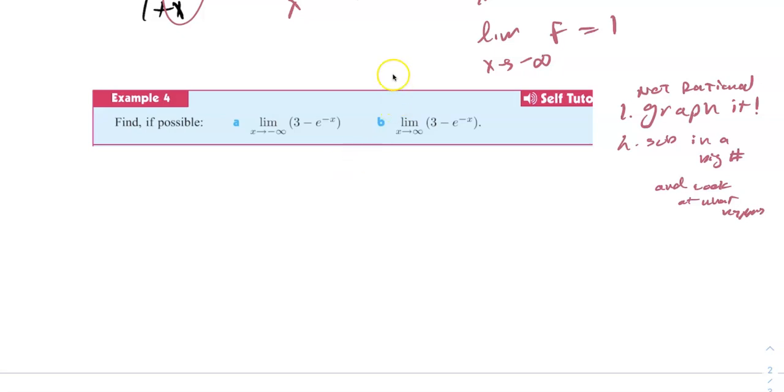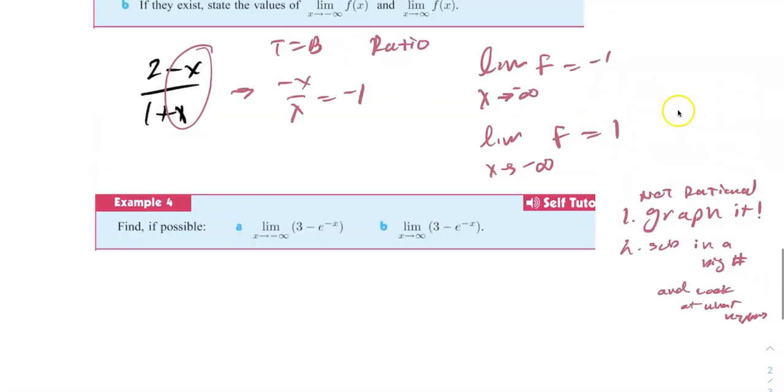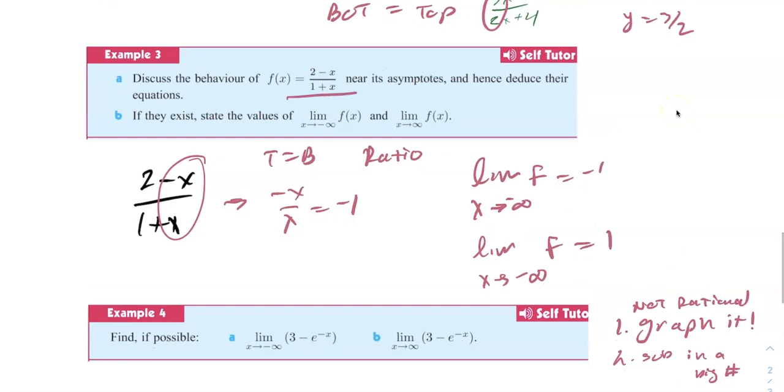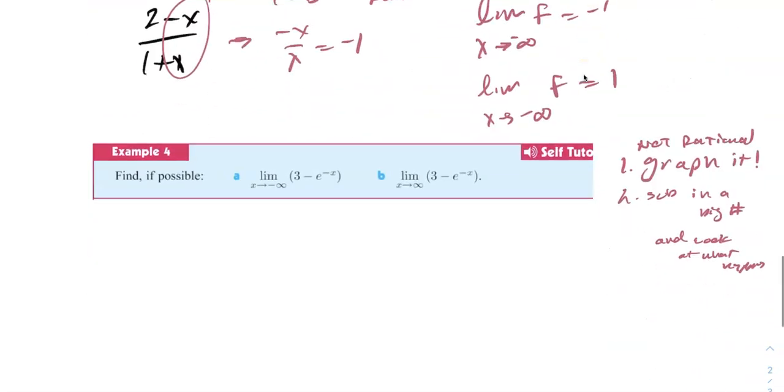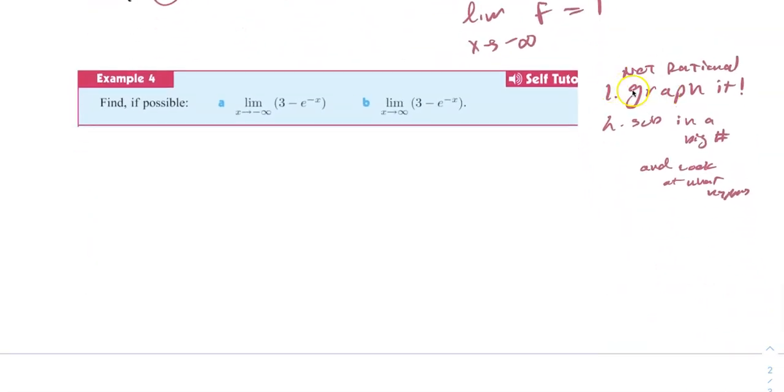We'll do both cases here, but the general idea is, if it's not rational, you graph it. If it is rational, like it is here, that's a rational equation, right? f of x over g of x, some function where you have dividing. If it's rational, the horizontal asymptotes are equal to the limits at infinity. So if it's a rational function, you can just look at the horizontal slope. If it's not a rational function, those rules don't apply anymore. The best thing to do is just graph it.